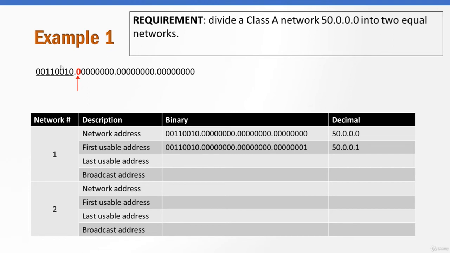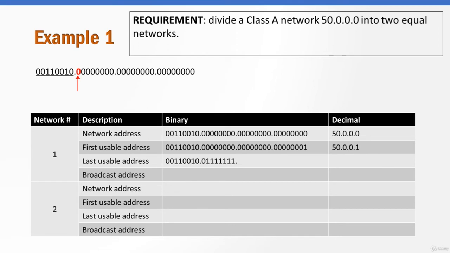Now our last usable address is going to be the opposite of that. So we're going to take our first 9 bits, which represent the network portion, and we're not going to change that, but we are going to change the remaining bits to 1s, except for the last bit. If we use 1 in our last bit also, that gives us our broadcast IP address. So the last usable IP address is actually going to be the broadcast address minus 1.